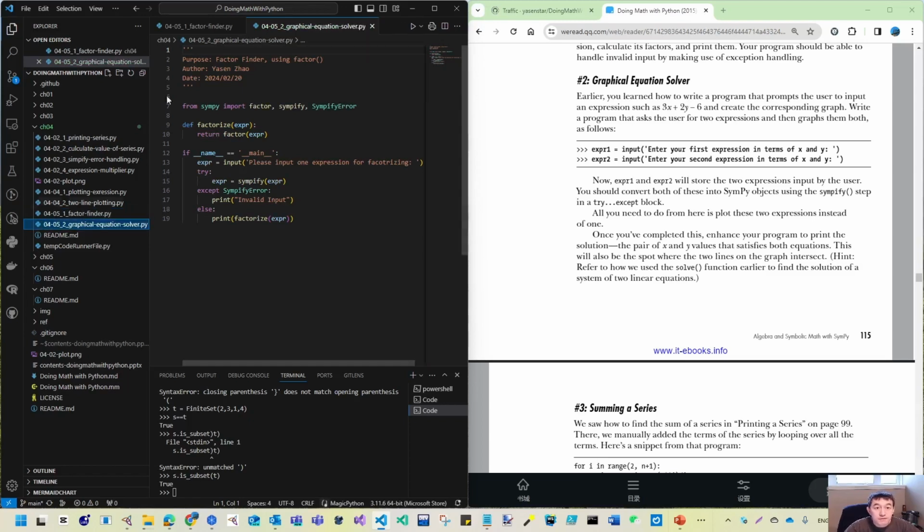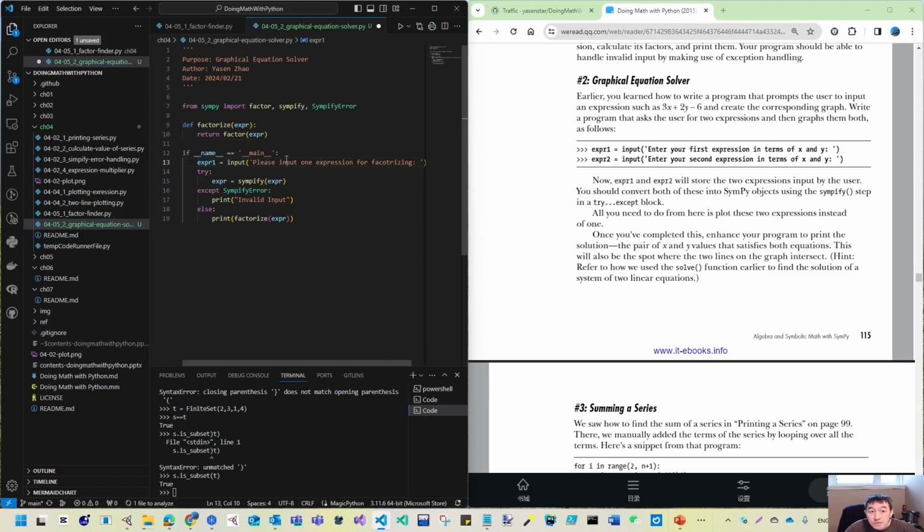That's our second one. So let's put this purpose, graphical equation solver, and this to the third one.